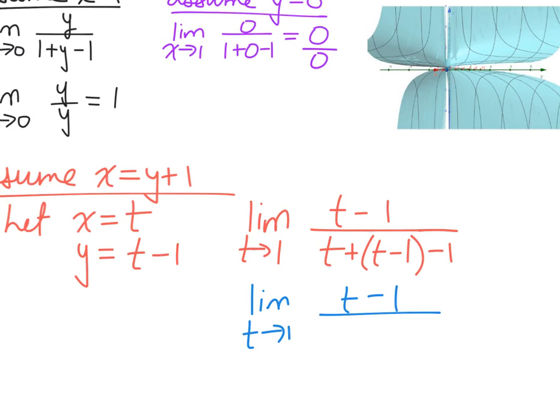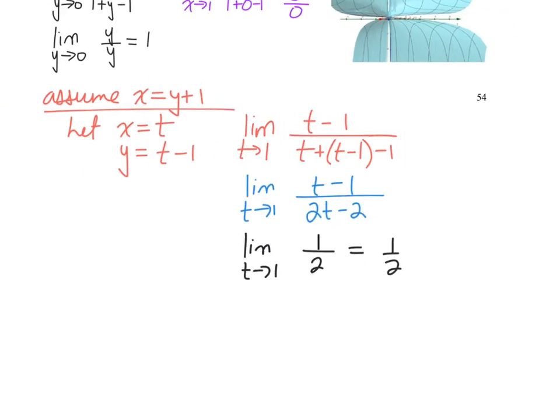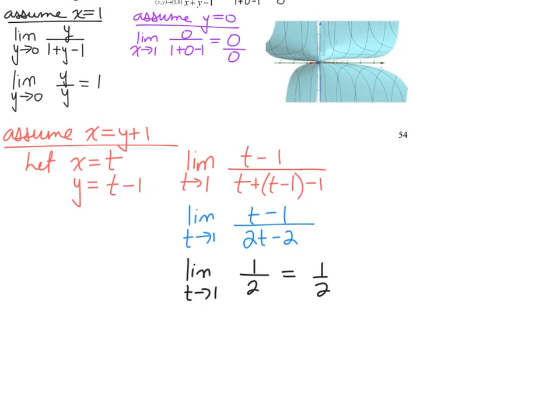t minus 1 over 2t minus 2. In which case you have a common factor of t minus 1. Simplifies down to 1/2. Right.